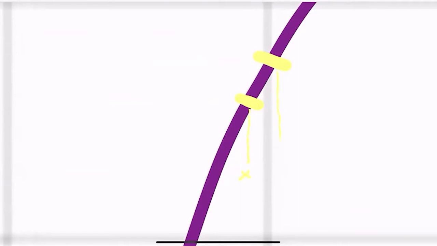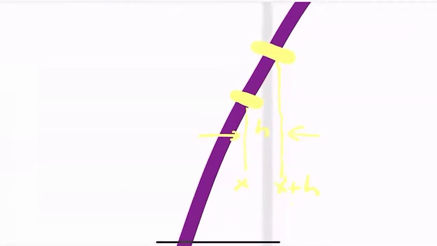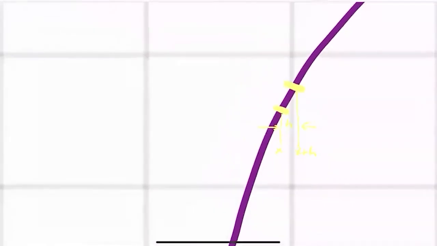This one here, we'll just place that point at a distance h up from it, so that the coordinate of this point then is x plus h. So whatever x value, we go a distance h up from it to get a second value. And then between those 2 points, it is almost a straight line.